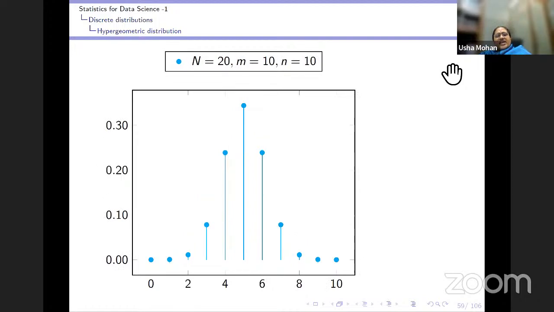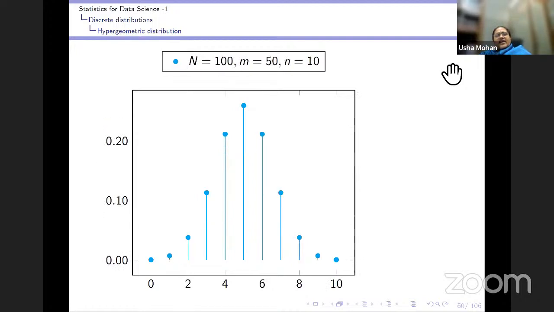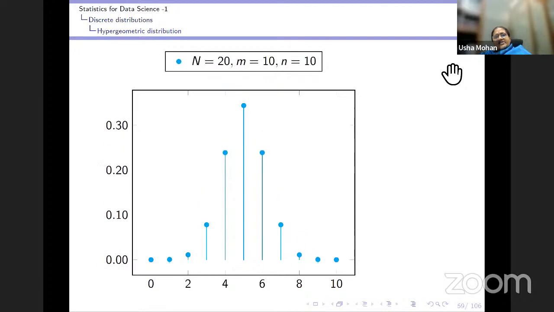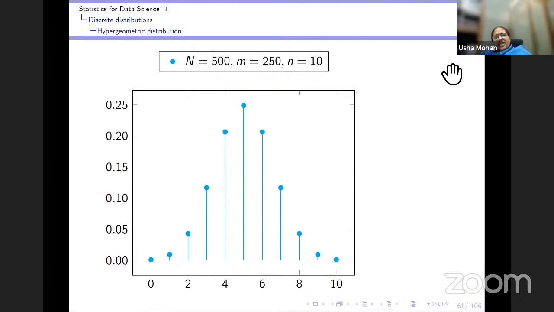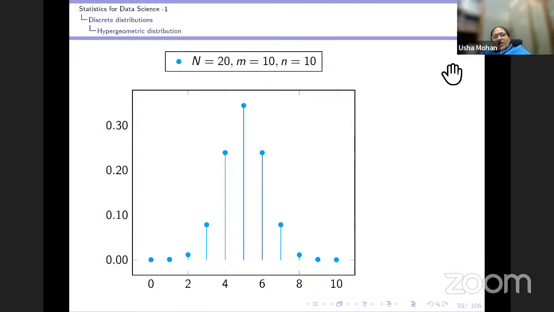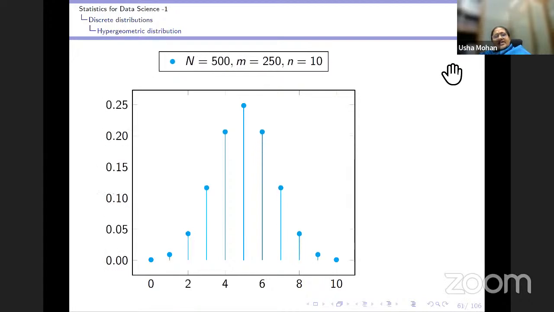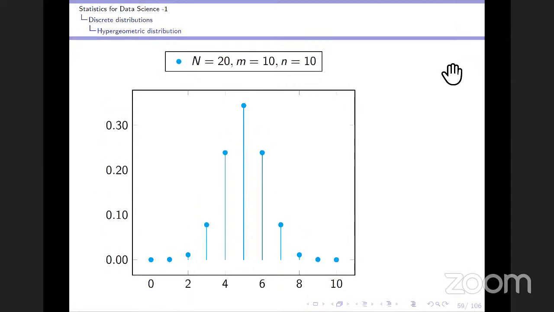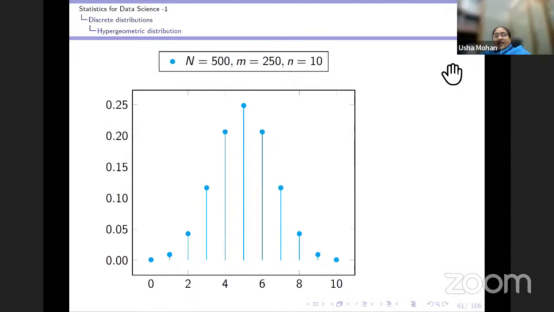What do you notice as I keep small n the same and increase capital N and capital M? Symmetric distribution. It's becoming symmetric.